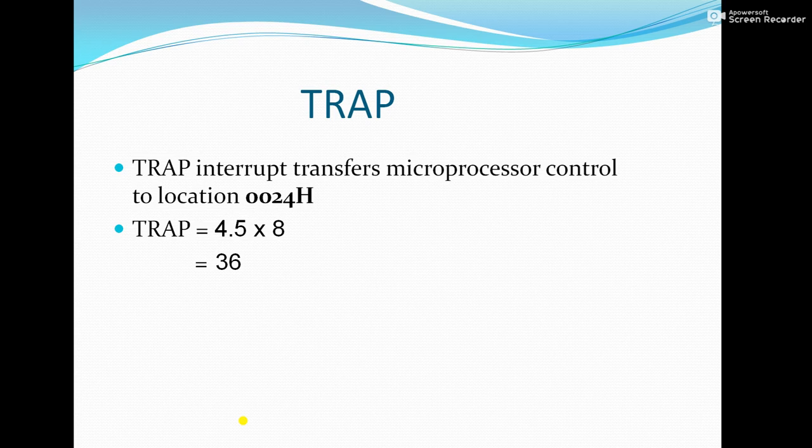Now, all the memory locations of 8085 are in hexadecimal form. So first we have to convert 36 into hexadecimal form. And last year we have learnt conversion, how to convert into hexadecimal form. For that we need to divide the number by 16.